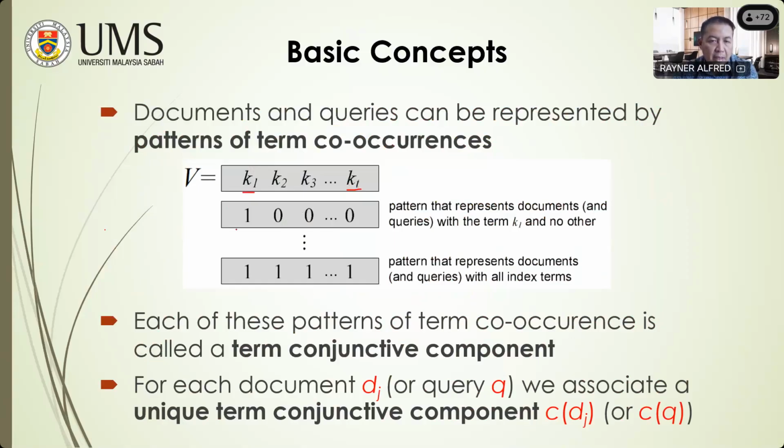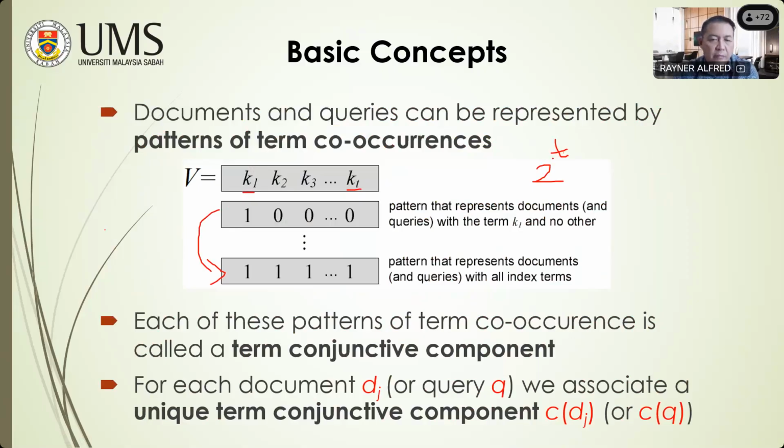For example, if we have T number of keywords, we could have from 1000 up to 1111 pattern. So basically we will have 2 to the power of T different patterns here. We can use these patterns to do the matching.